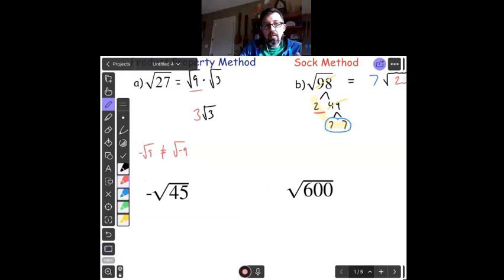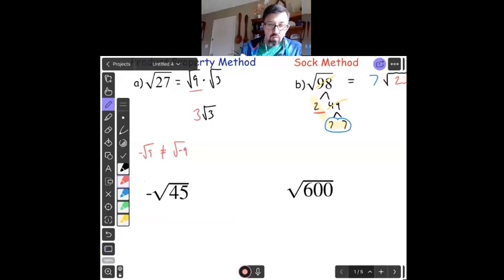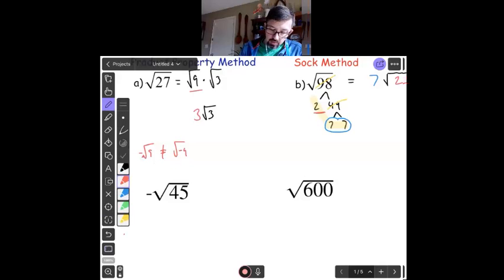This is purely what's the square root of 45 with a negative on it. That's it. So we'll get to the negative square roots. This is a negative square root. This is a square root of a negative. So they are different. We'll get to this later.